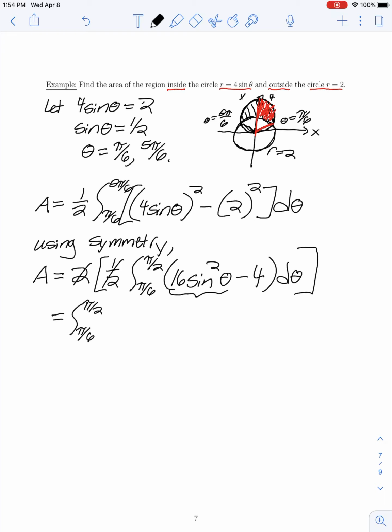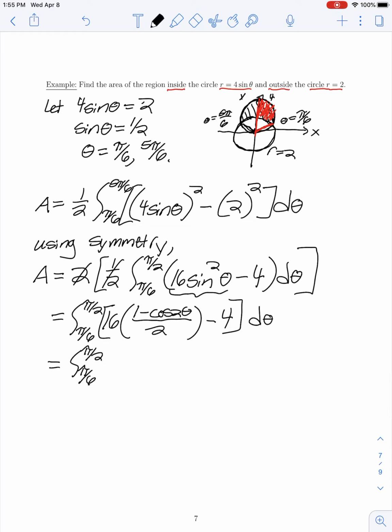Now, to evaluate the antiderivative for a sine squared function, we're going to make use of that same trig identity, where sine squared of theta is 1 minus cosine of 2 theta all over 2, then subtracting 4 and integrating with respect to theta. So we have the integral from pi over 6 to pi over 2 of, well, let's combine some terms.